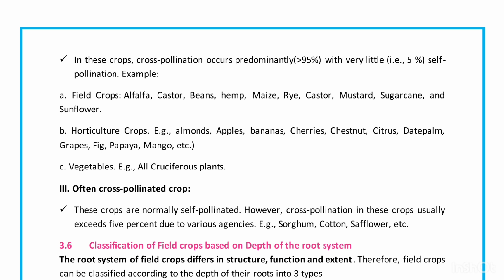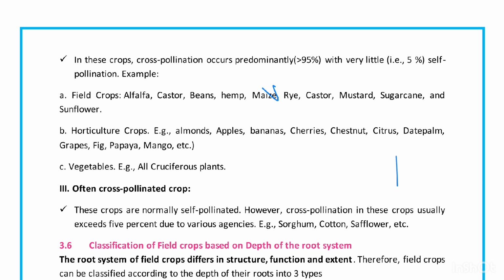Here we have the female flower present on one side, and the male flower on the other side. The upper head, the tassel of the maize, is known as the male part, and the silk, from which the cob is obtained, is the female part of the maize.